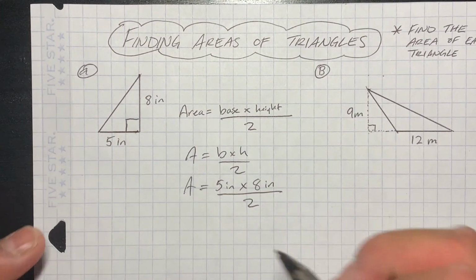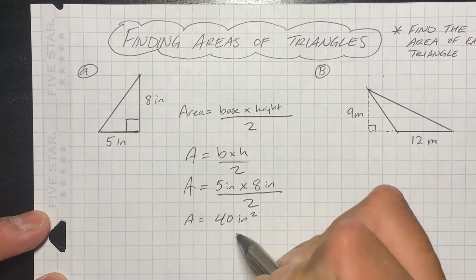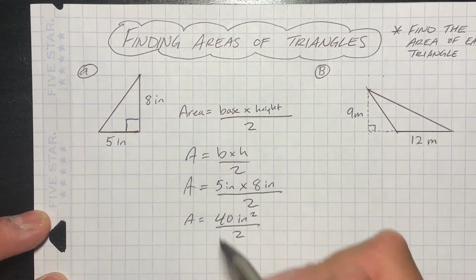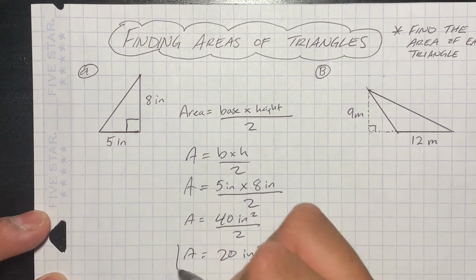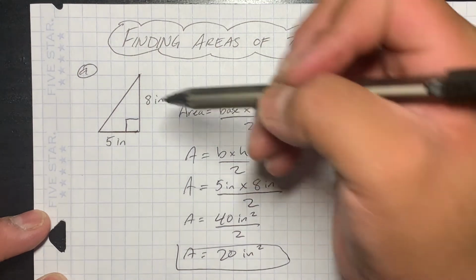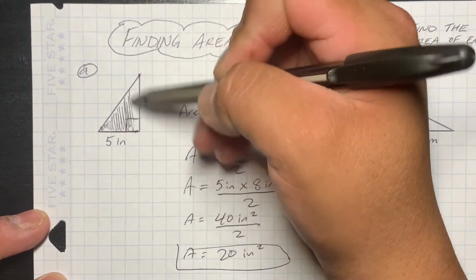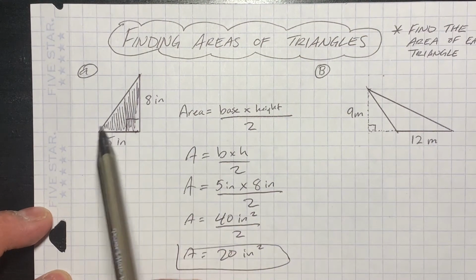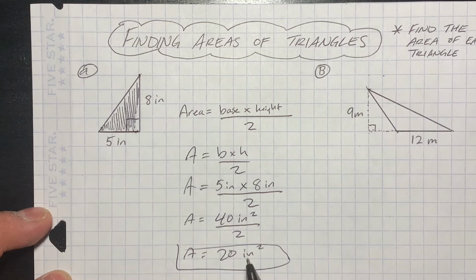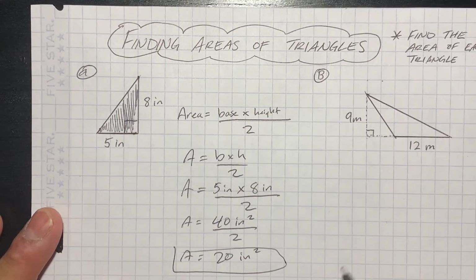So 5 times 8 is going to be 40 inches squared divided by 2. And again, half of 40 is going to be 20 inches squared. So the whole area inside this right triangle, this triangle has a right angle, 90 degrees, but the whole area inside that triangle is 20 square inches. All right, so hopefully that makes sense for you.